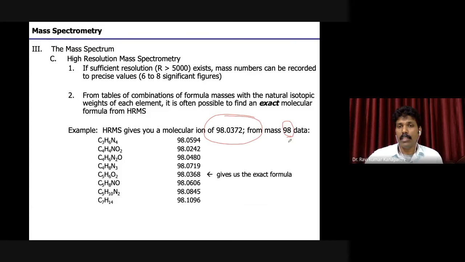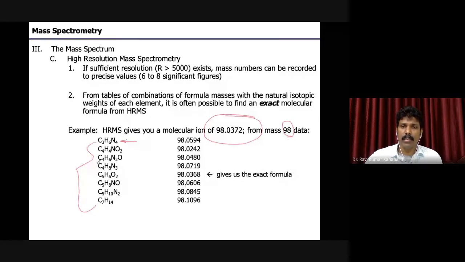Close to 98, there can be several compounds, for example C3H6N4, C4H4NO2, C4H6N2O. So several possibilities are there for 98, but which one is exactly your compound, you don't have any idea.